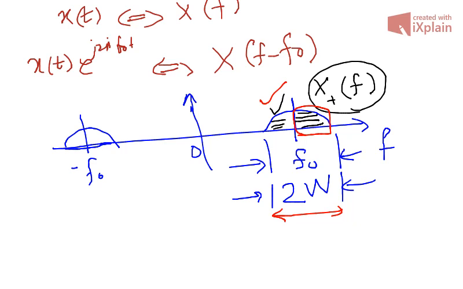If we transmit this signal from source to destination, we actually do not lose any information, because this X positive of f contains all the information.